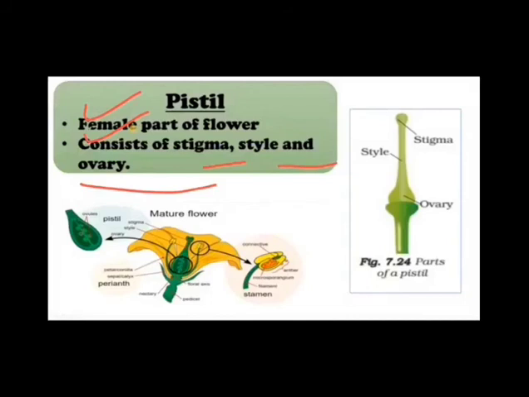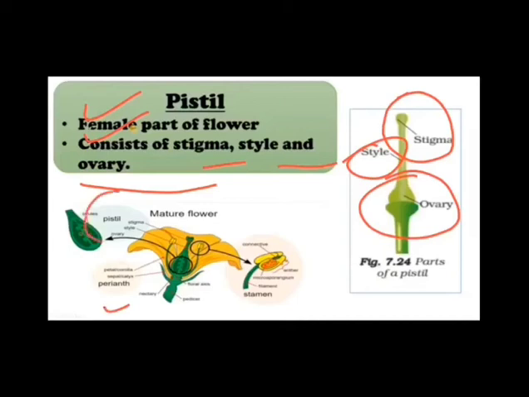See this diagram, this part is known as the pistil. These are anthers and this part is known as the stamen. This is the structure of a flower. So now you have understood that the pistil is the female reproductive part of a flower and the stamen is the male reproductive part of a flower. Now let's move forward.